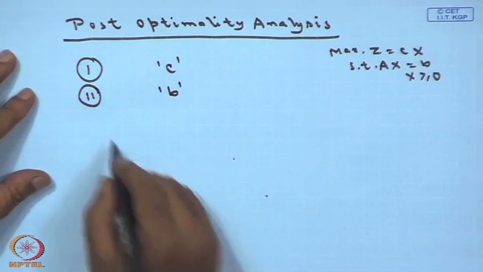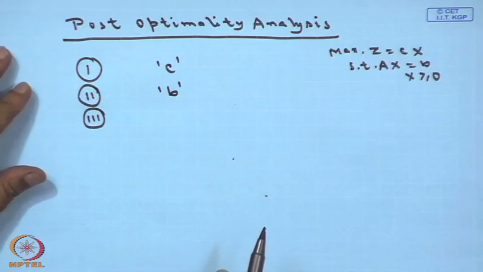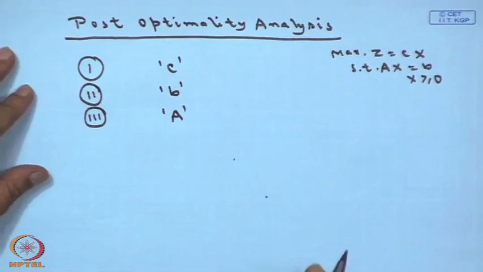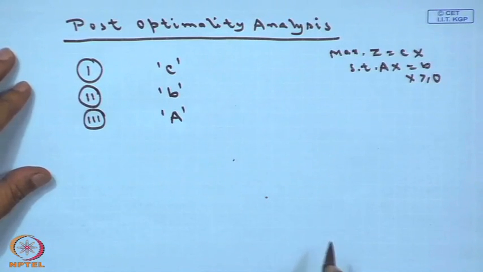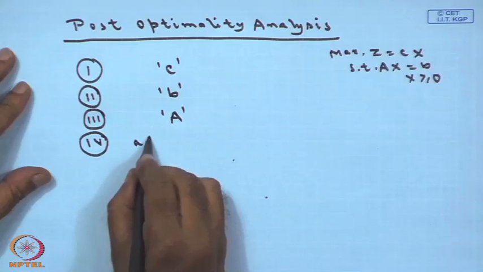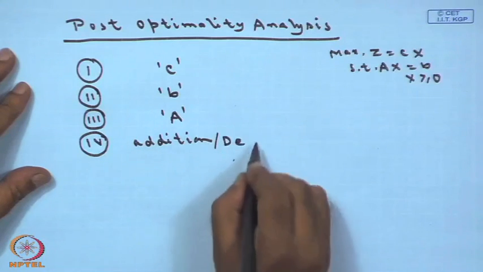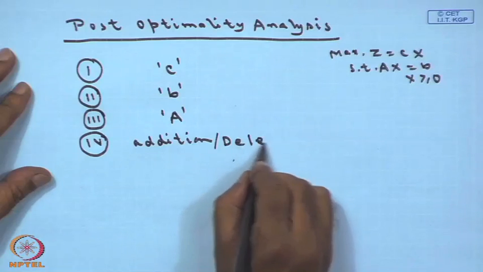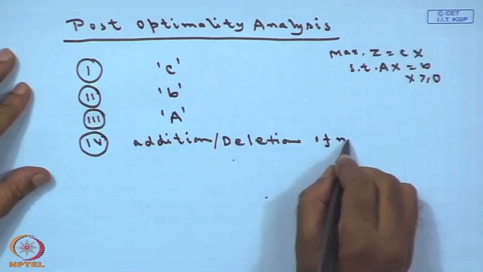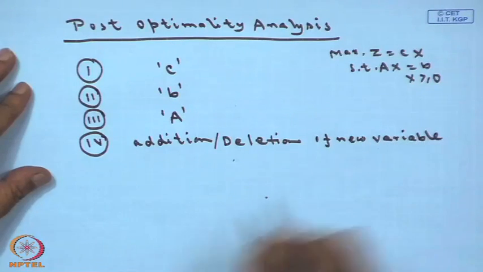Number 3, there may be some variation in the elements of the coefficient matrix A. Number 4, there may be addition or deletion of a new variable, we will talk about the addition.